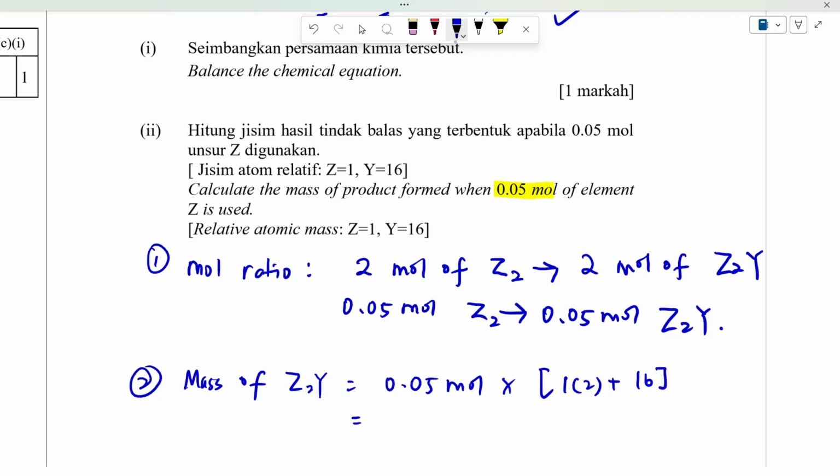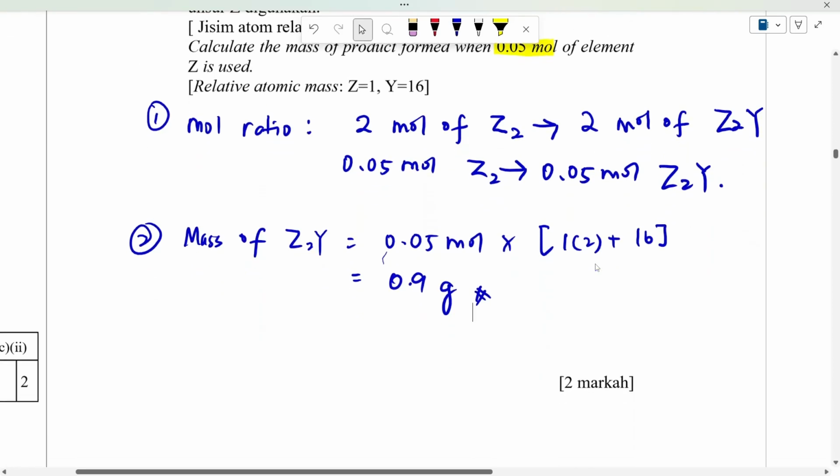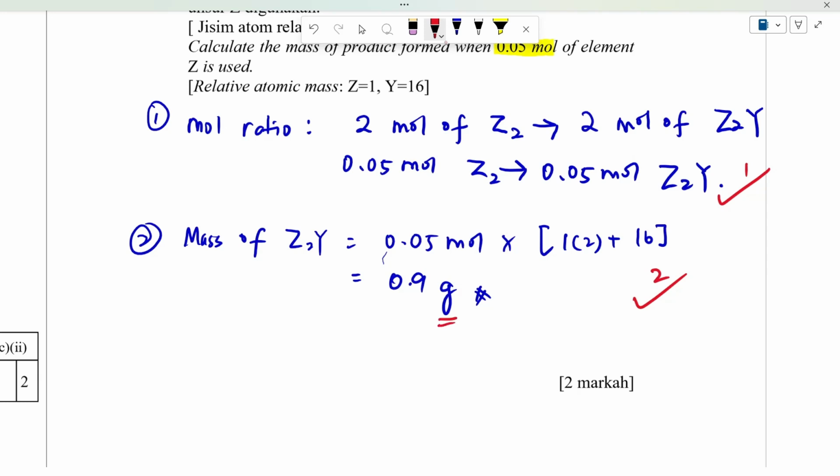What is the value? 0.9 gram. This is the mass of the Z2Y formed. Mole ratio is 1 mark, then the mass is 1 mark. The unit must be stated correctly.